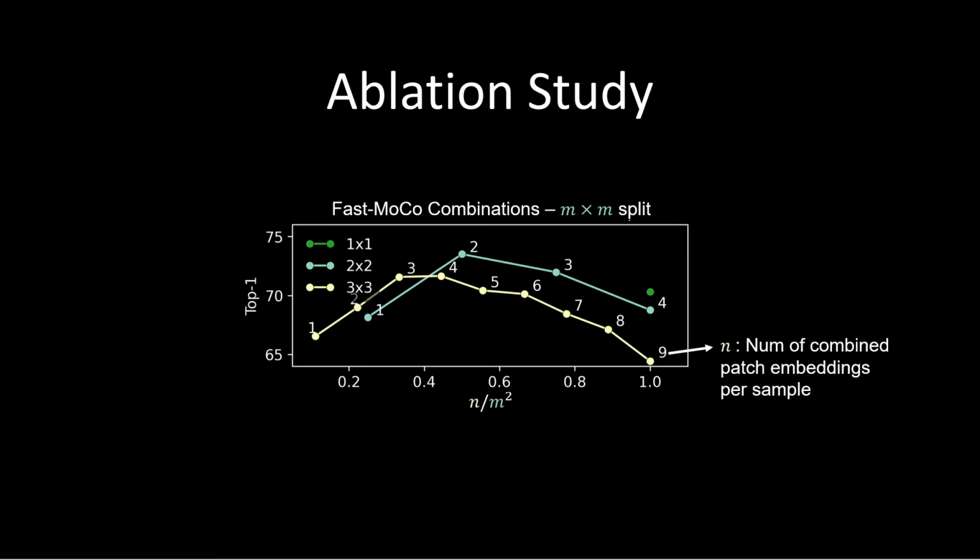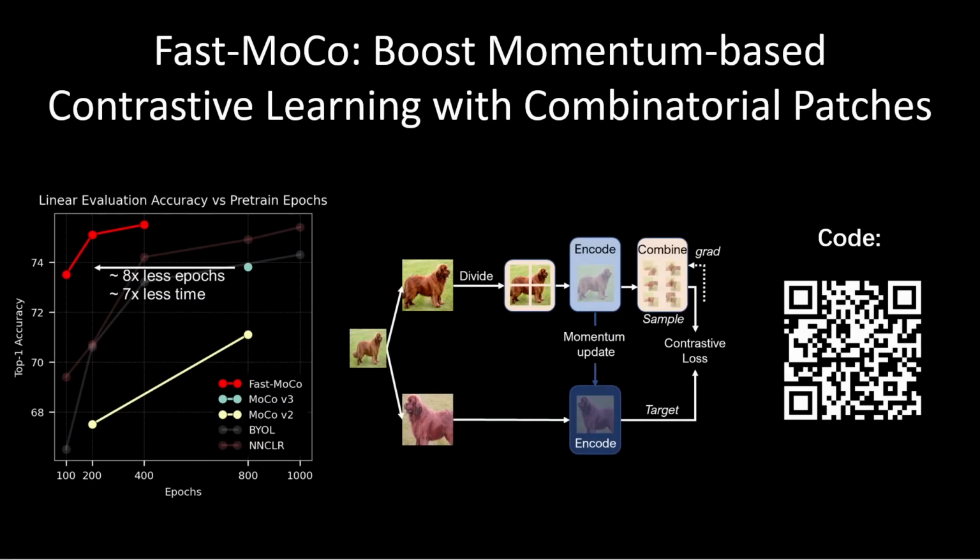So n divided by m squared represents the portion of original image information contained within each combined embedding. You can find that choosing a 2 times 2 split with n equals 2 has a good trade-off for all factors affected by these hyperparameters. That's all about this paper.